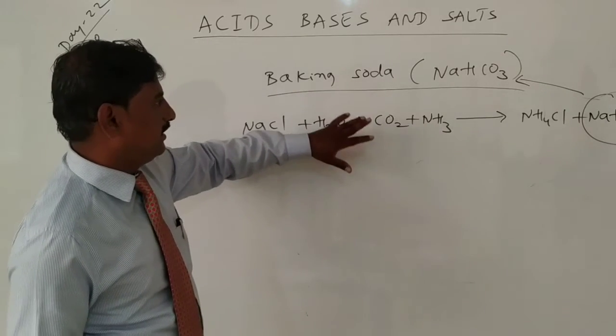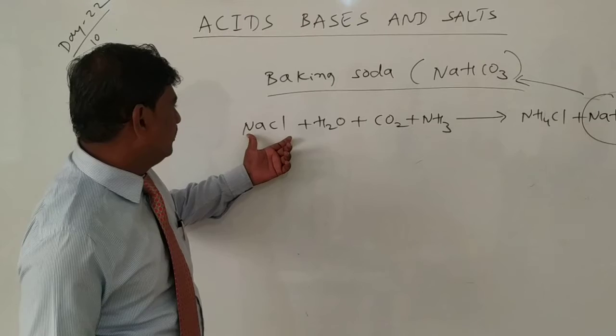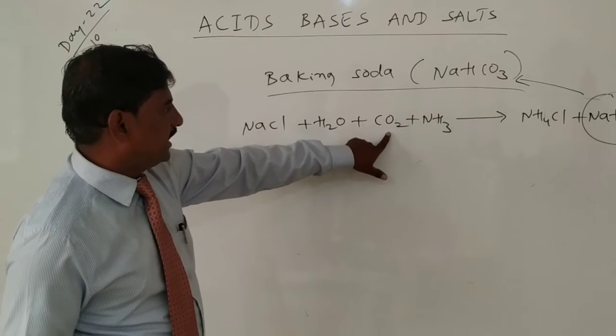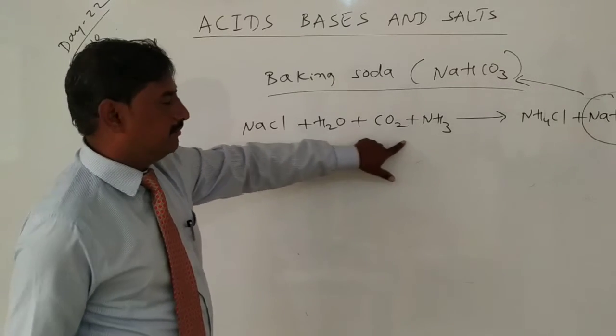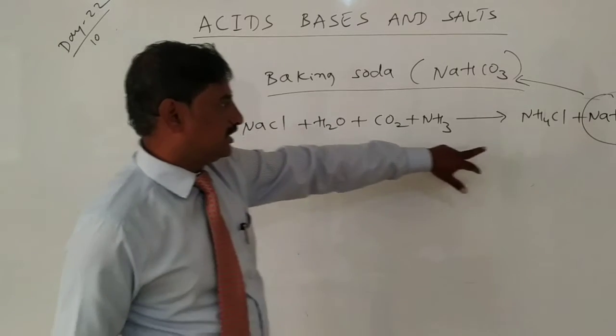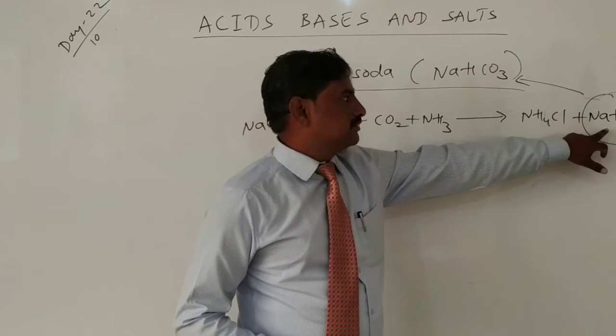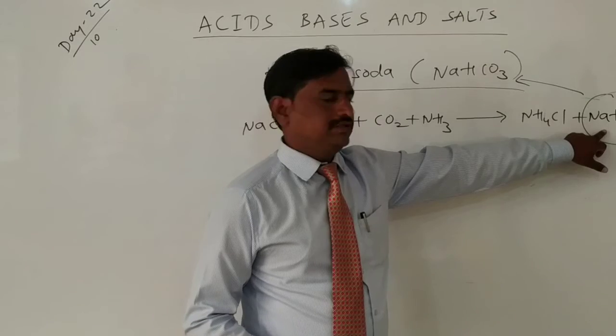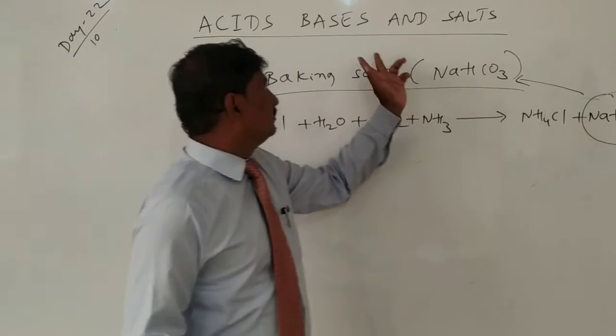How is baking soda manufactured? The reactants are sodium chloride, water, carbon dioxide and ammonia, and the products are ammonium chloride and sodium hydrogen carbonate, also called baking soda.